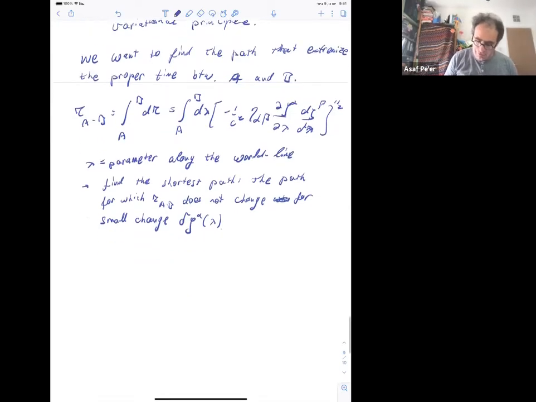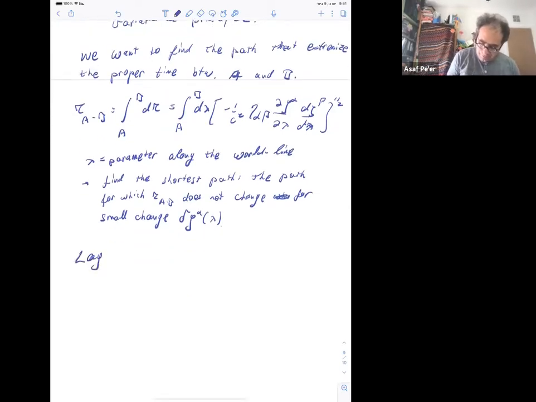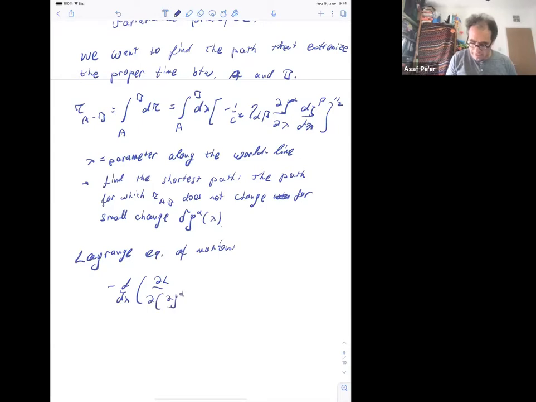So the Lagrange equation of motion, right, minus d over d lambda of dL over d psi alpha dot, plus dL over d psi alpha, with sigma here, not to confuse with the alphas here, is equal to 0.